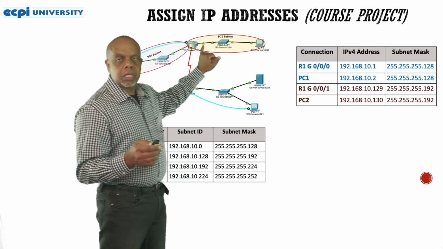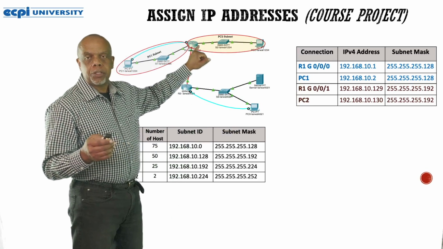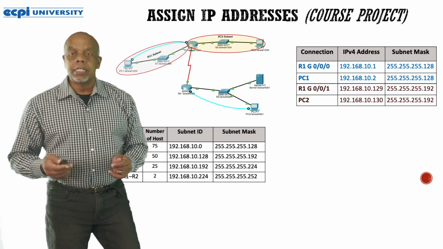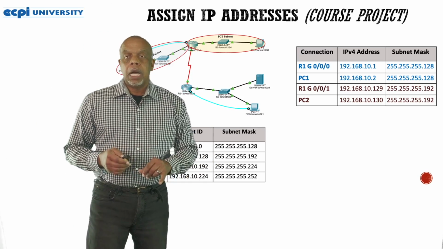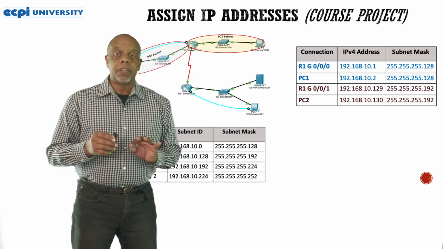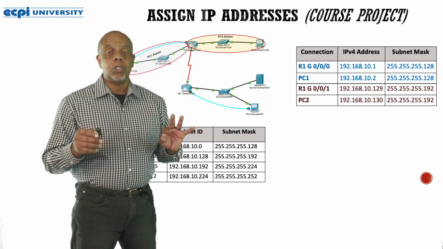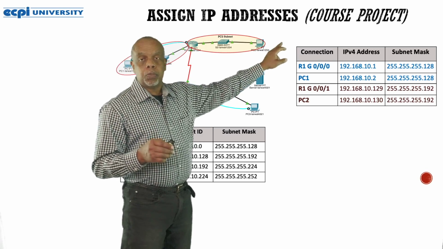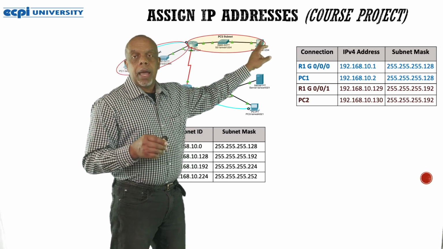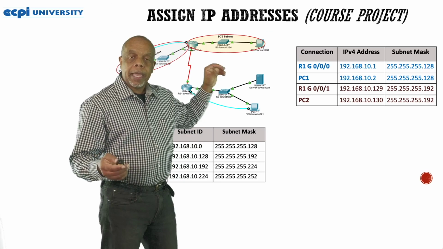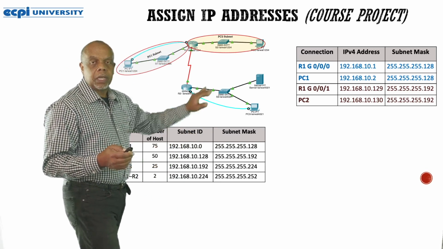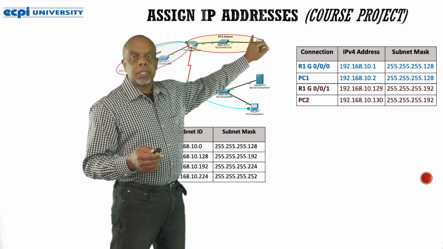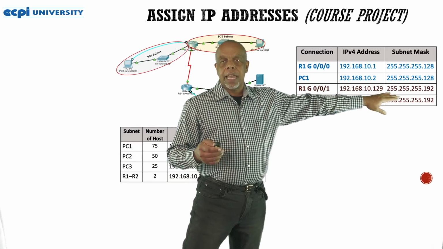So this interface will get the IP address of 192.168.10.129 with the subnet mask of 255.255.255.192. The PC, this actual computer, will get the next IP address, and I would continue to assign the rest of the 50, or the 49, with these IP addresses.